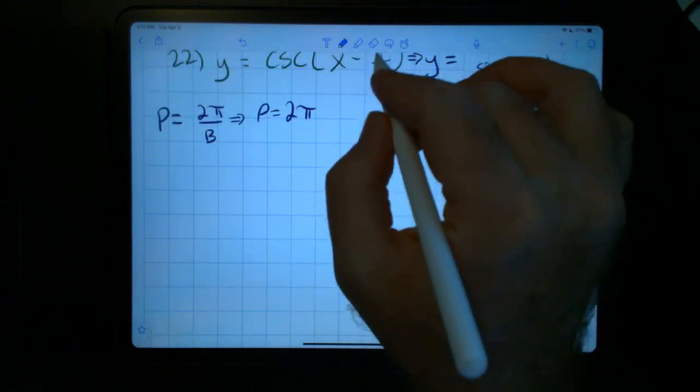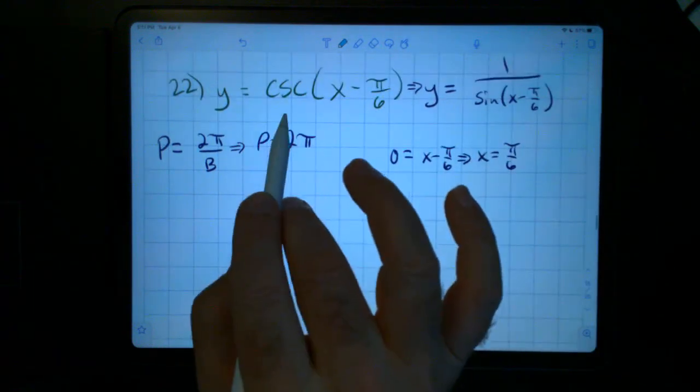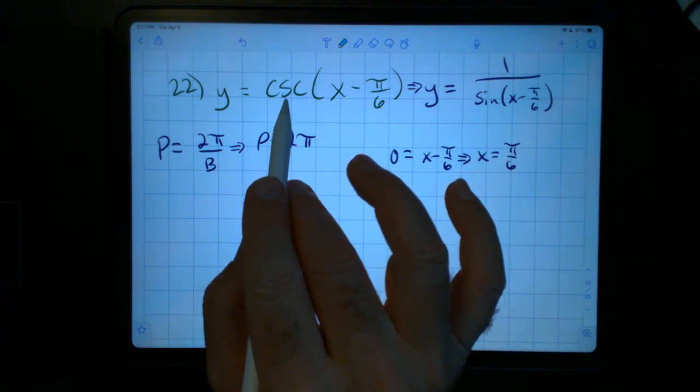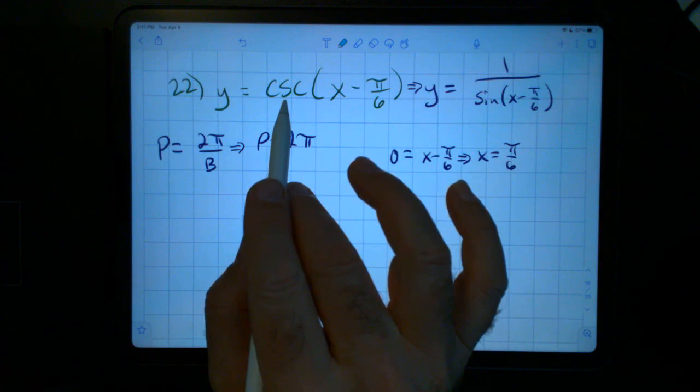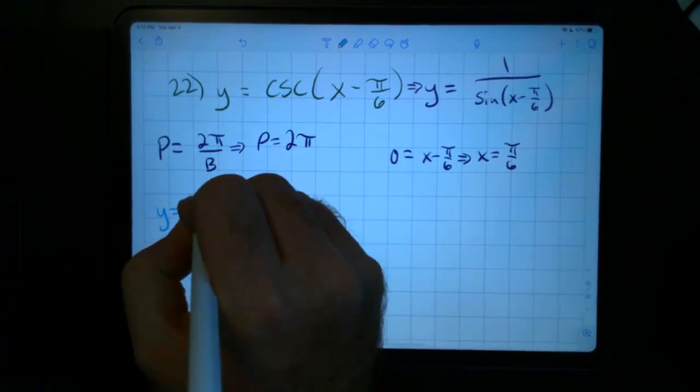Now, to graph this, when you graph cosecant, I would recommend graphing sine. When you graph secant, I would recommend graphing cosine. Let me show you what I mean by that. So let's graph this.